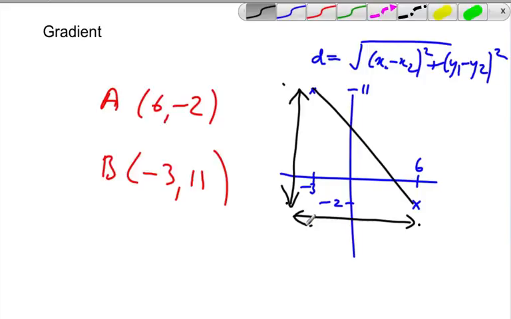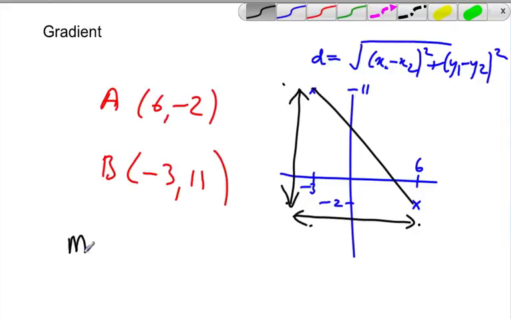This line here has to come out to be a negative line. If we just say the rise is 13 and the run is 9, 13 divided by 9 gives us a positive number, and that's, of course, not the gradient. So we say the gradient, and it's given the letter m for gradient, from y equals mx plus c. I don't know why it's m, but there it is.